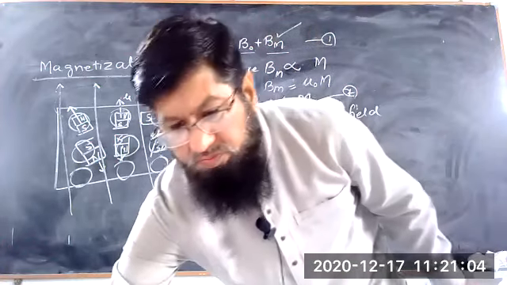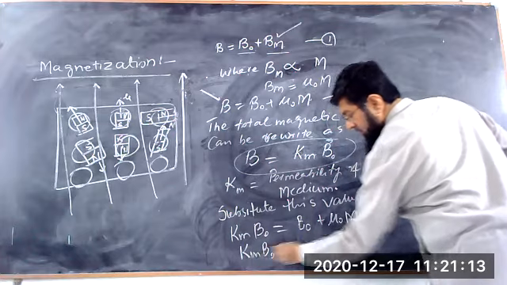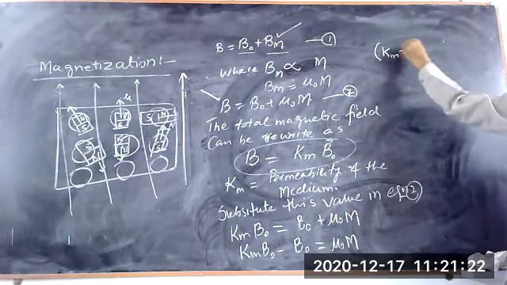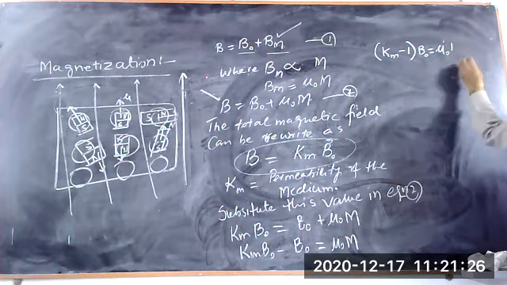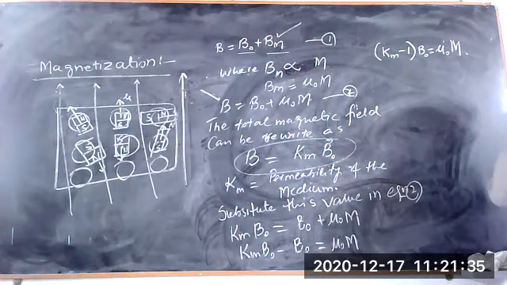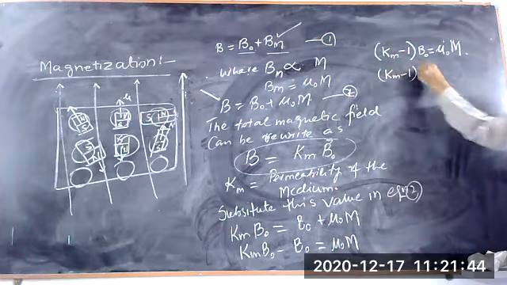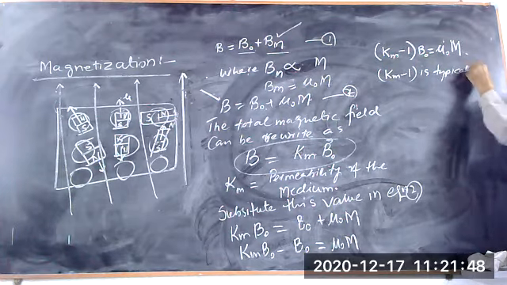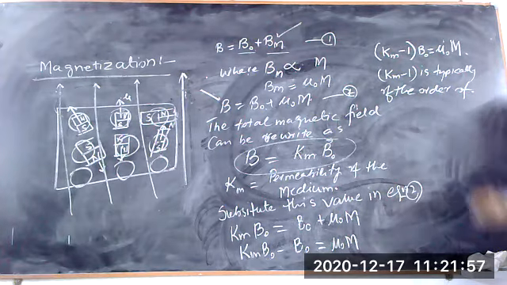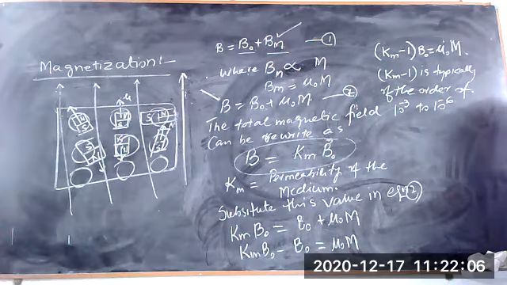As a result, Km B naught minus B naught is equal to mu naught M. Taking B naught common, this can be written as (Km minus 1) B naught equals mu naught M. Here Km minus 1 is typically of the order of 10 raised to power minus 3 to 10 raised to power minus 6 for most non-magnetic materials.